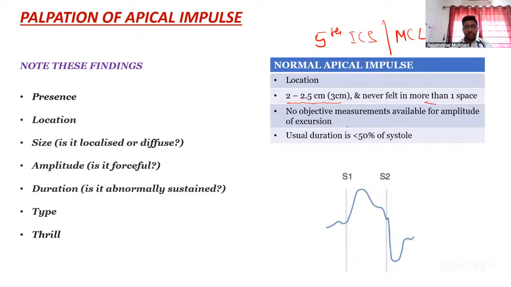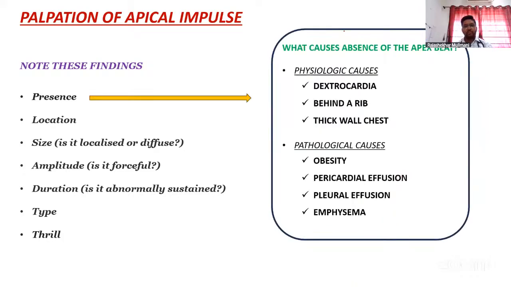We don't have any objective measurements for the amplitude, and duration is usually the first 50% of systole. So if this is S1 and this is S2, if this is an apicogram, it comes just after S1 and stops or goes back much before S2. So this is how the normal apical impulse is.